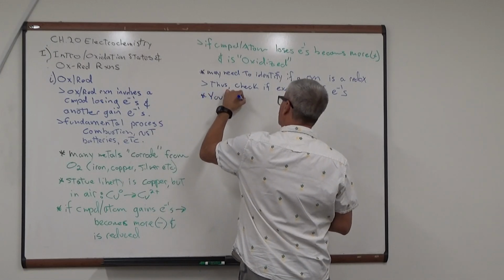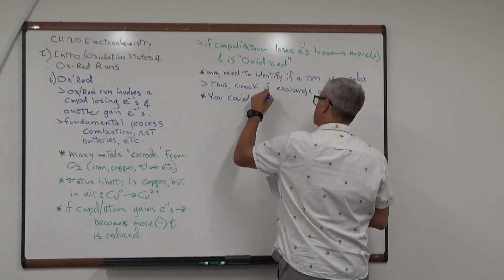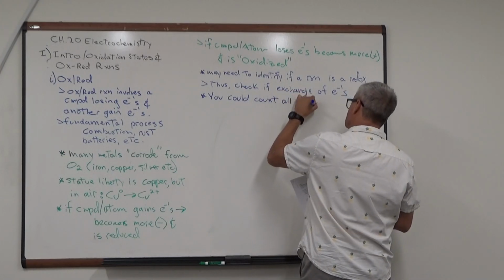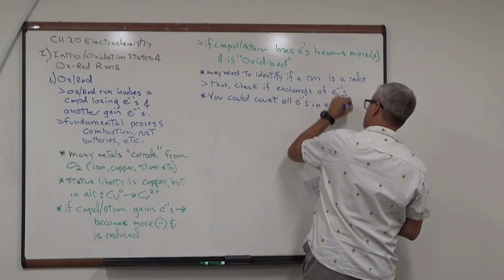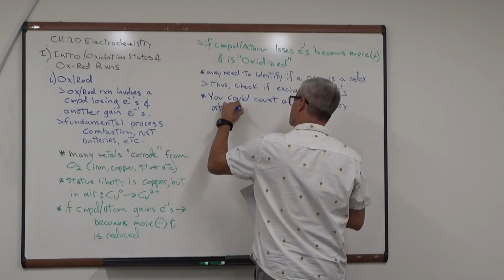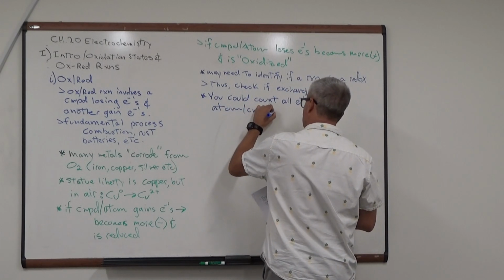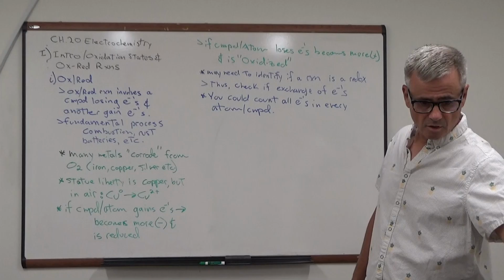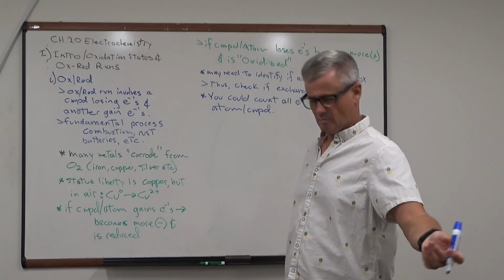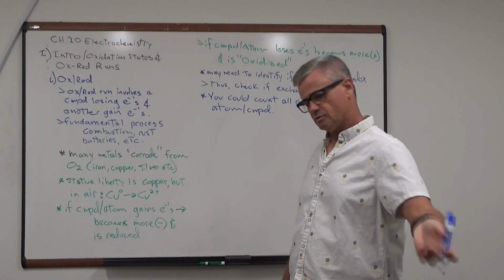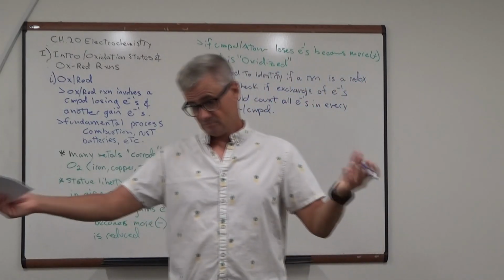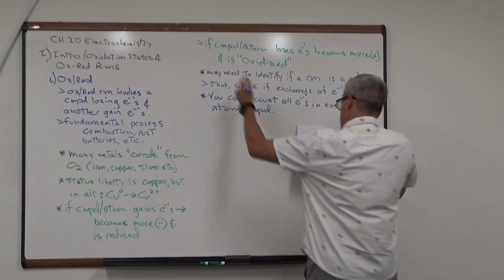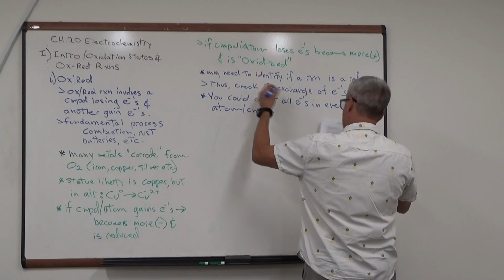You could count all the electrons in every atom or compound, and do it on both sides, and then see if the total number of electrons in all these atoms stayed the same or changed. But that's going to be a tedious way of doing it.